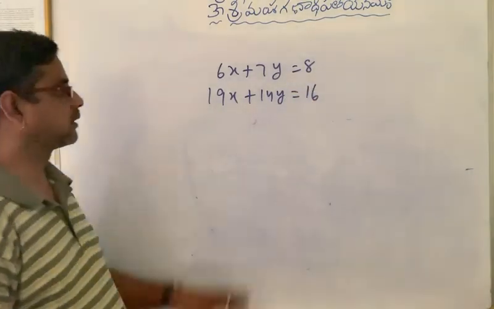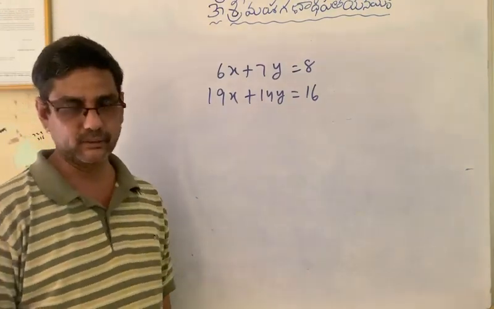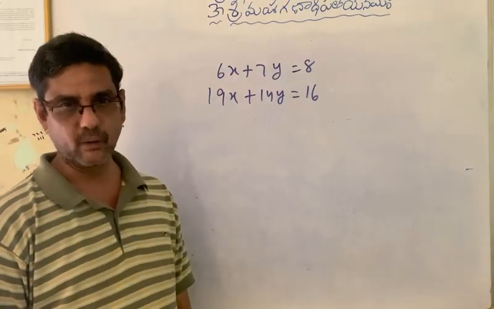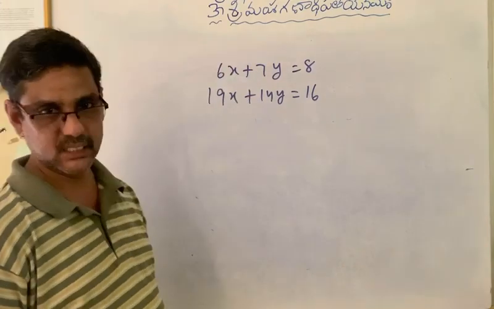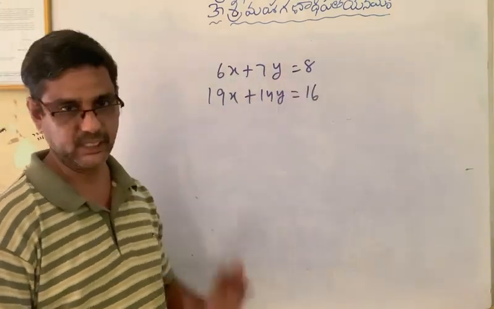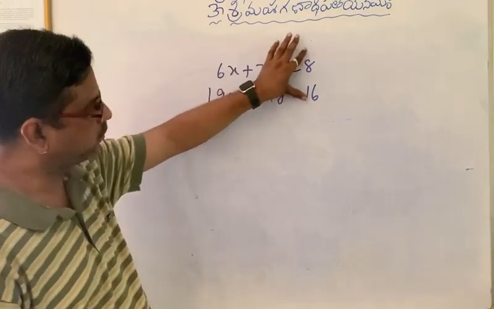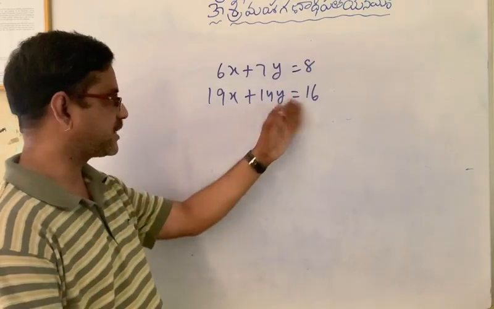You can solve this problem also by Urdhva Tiryagbhyam, but there is an interesting thing in this problem: the ratio of y coefficients is equal to the ratio of constants, that is B1 by B2 is equal to C1 by C2. That means the ratios are equal.